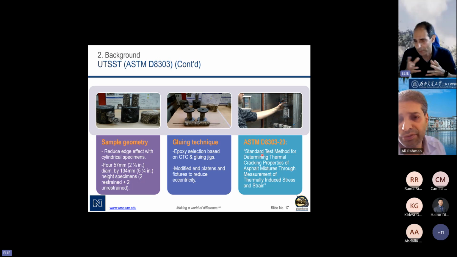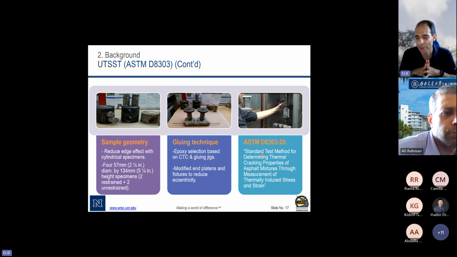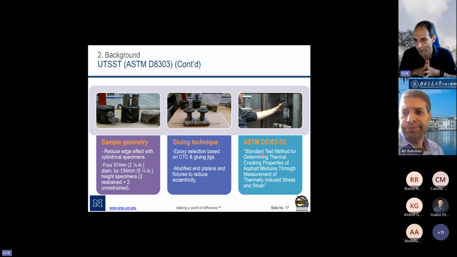I'm not sure about the type of material that you're using there, but we went through the process and we recalibrated the models for Nevada, even the rutting models, the overlay reflective cracking models, the fatigue cracking models, everything. We had to recalibrate because the material that we use was not part of the mixtures that were used to come up with the globally calibrated models.